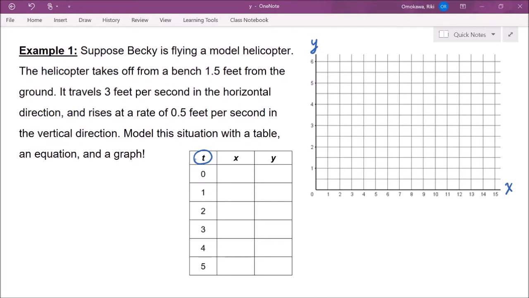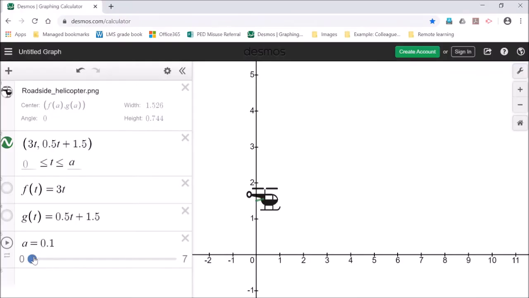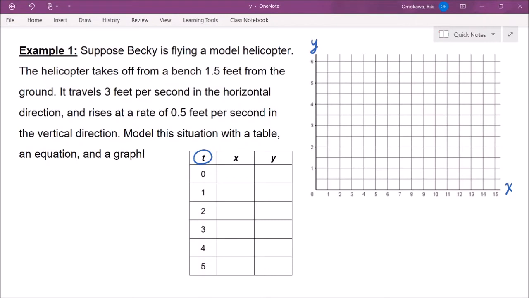So we'll be labeling our helicopter at each point in time. So we're thinking of this helicopter as literally moving in 2D space over time, with its x and y values changing over time like this, right, flying through the air. So now let's come up with equations to model or represent all this.